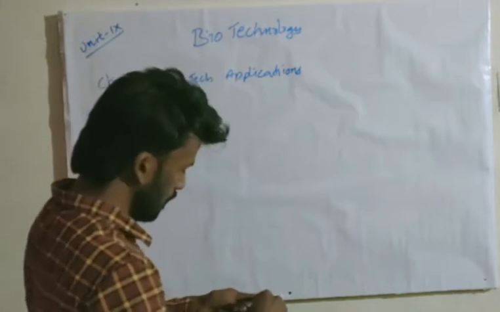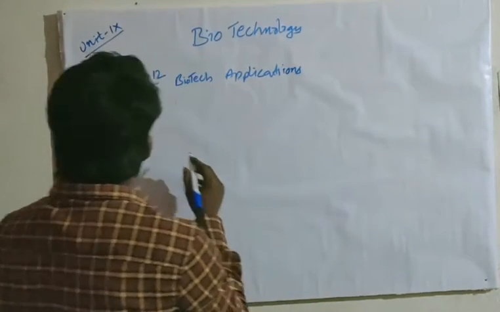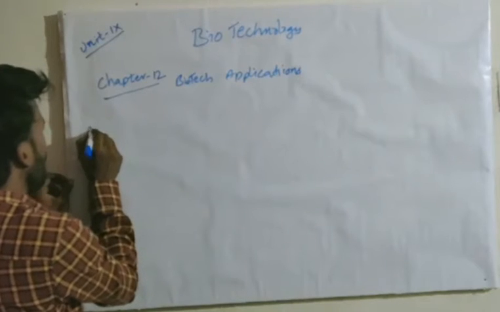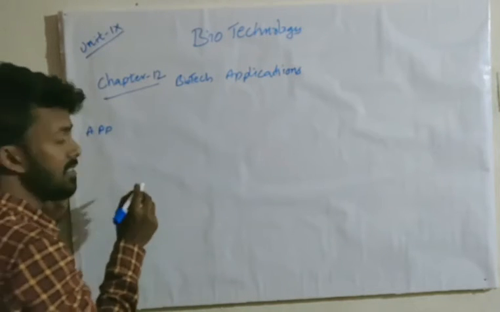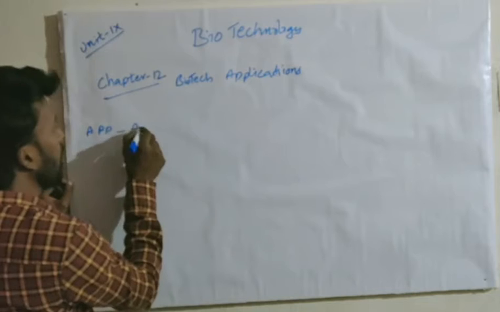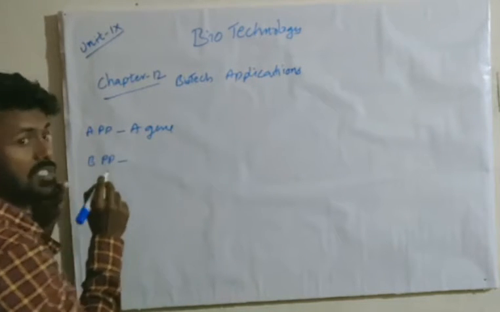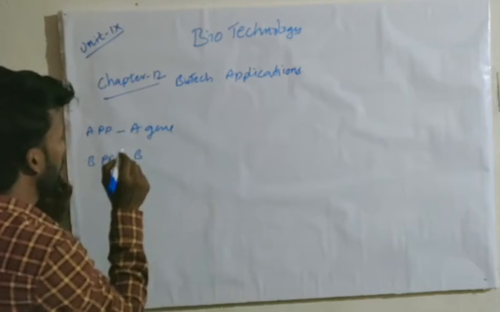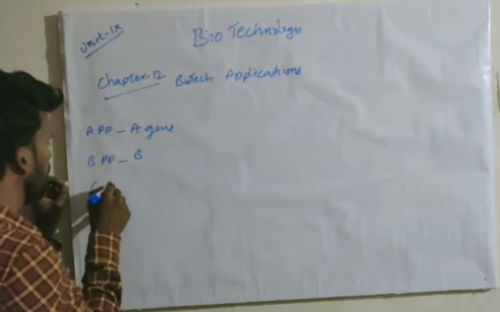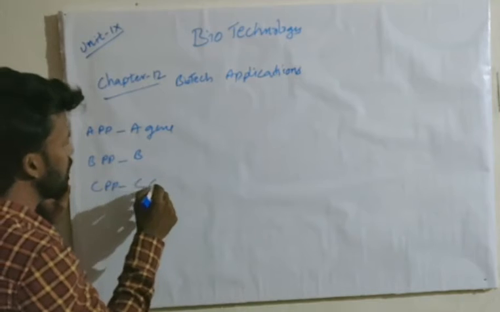In insulin, the A polypeptide chain is synthesized by the A gene, the B polypeptide chain by the B gene, and the C polypeptide chain by the C gene.